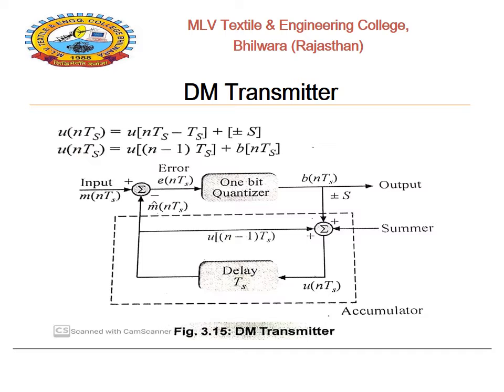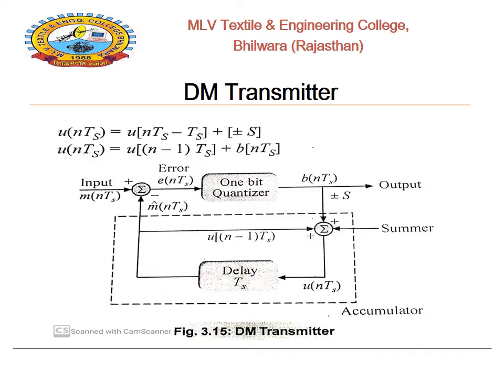The summer provides the plus or minus s, adding it to the other quantity u of (n minus 1)Ts. The one delay of the amount Ts is provided by this section. So the present sample u of nTs equals u of (n minus 1)Ts, one time delay of Ts, plus b of nTs. b of nTs is related to plus or minus s, plus s for 1, minus s for 0.